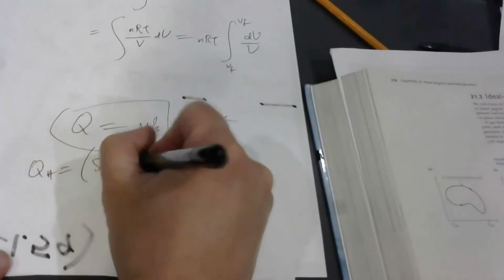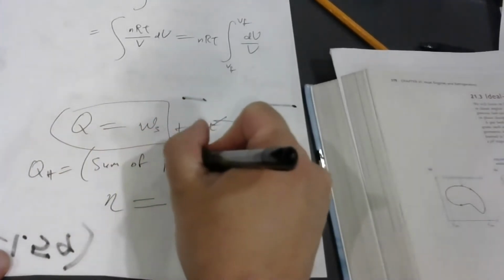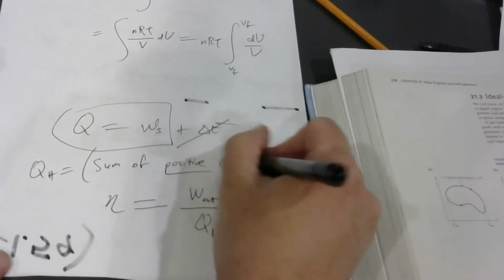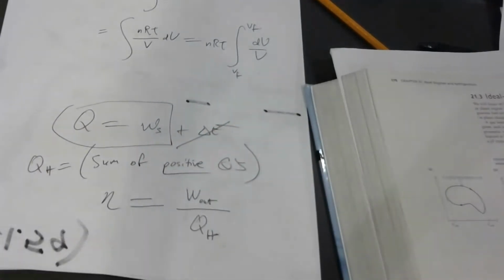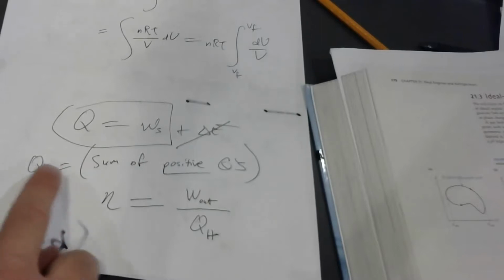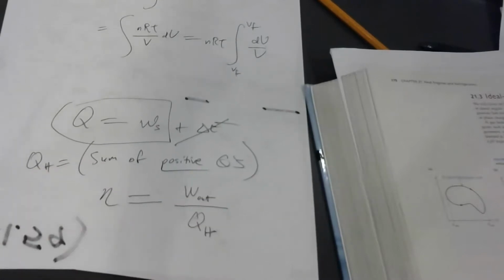And QH is the sum of the positive individual Qs, because the positive Qs are when heat was being transferred into the working substance. This statement is not necessarily true for a refrigerator, because the heat dumped into the hot reservoir would actually have a negative sign from the perspective of the working substance. So this is only applicable to heat engines.